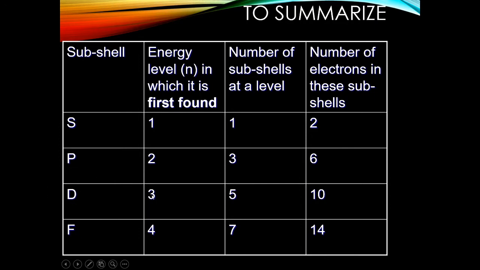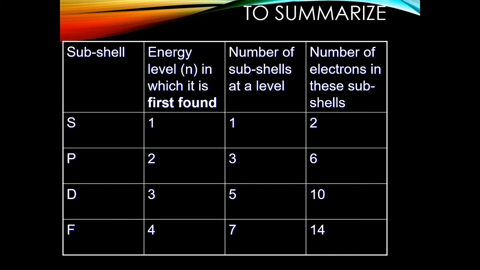D doesn't show up for the first time until the third energy level. There's 5 shapes for a max of 10 electrons, and the F orbitals don't show up for the first time until the fourth energy level. There are 7 shapes for a maximum of 14 electrons held in that orbital.